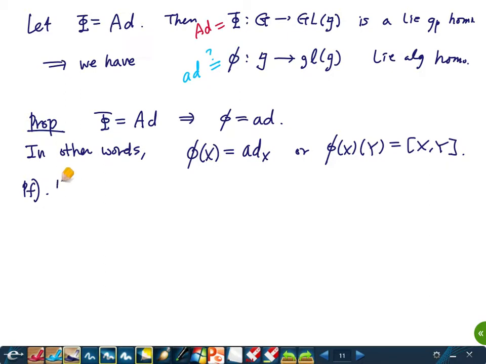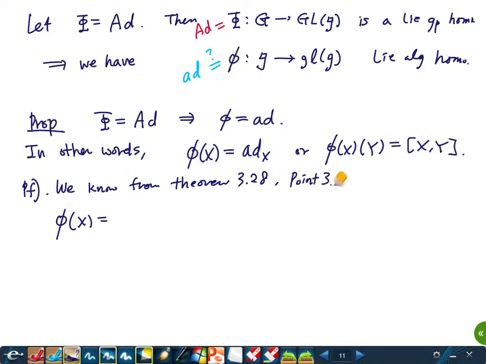We know from the theorem before, phi of x, this is point 3 of Theorem 3.28 in the textbook, the third item. It can be computed in this way: d/dt of phi of e to the tx at t equals 0.